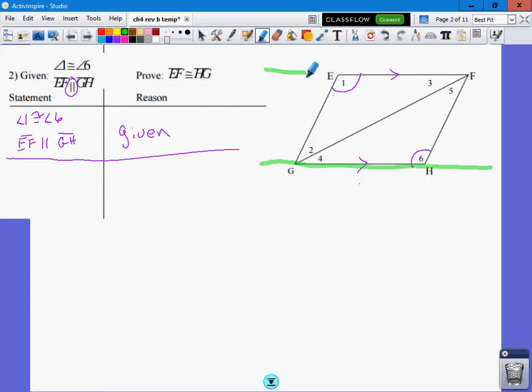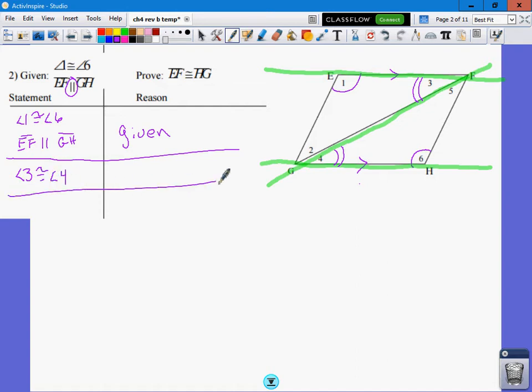This line and this line makes this the transversal, which means that angle 4 and angle 3 are congruent. And they are alternate interior angles. And alternate interior angles would be congruent so long as the lines are parallel.